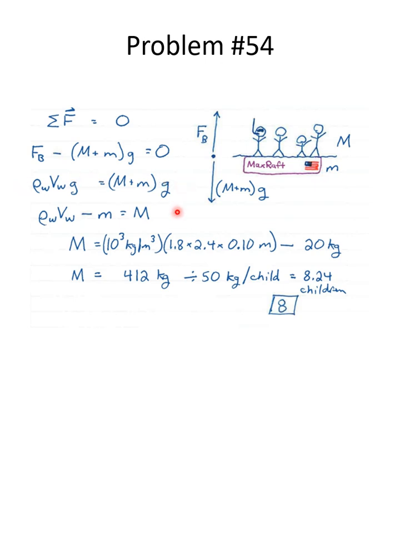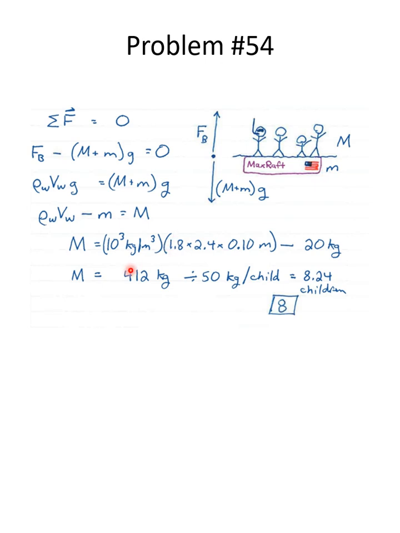The question is asking how many children will this accommodate? And each child being 50 kilograms, we're assuming. So we want to solve for the total mass of children. That's big M. So from here, it's just algebra. We'll say density of water times volume of water minus little m equals big M.